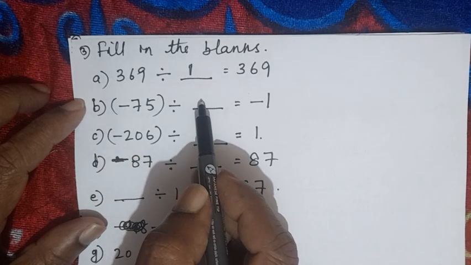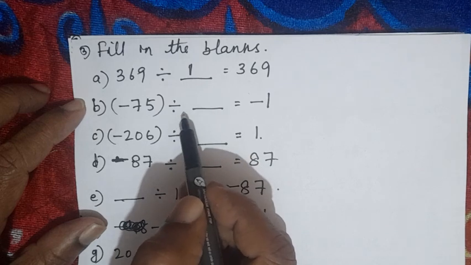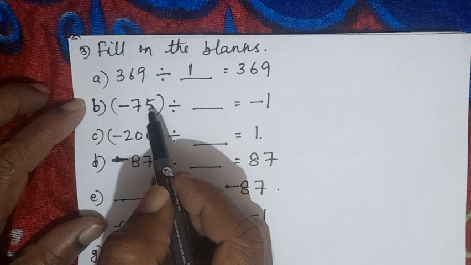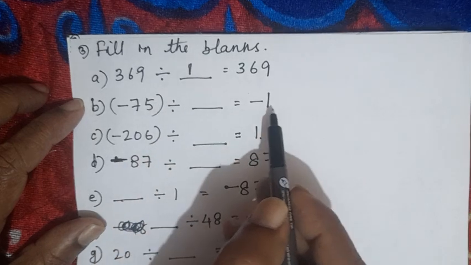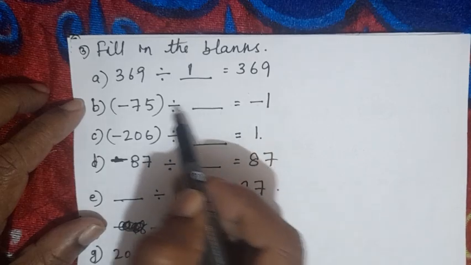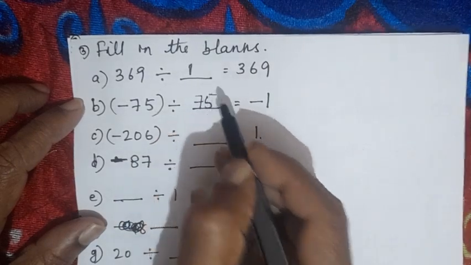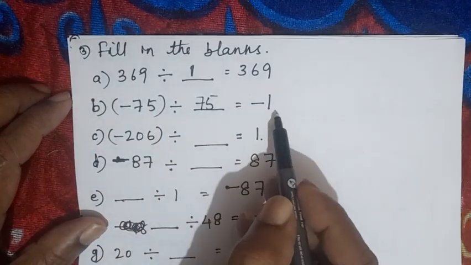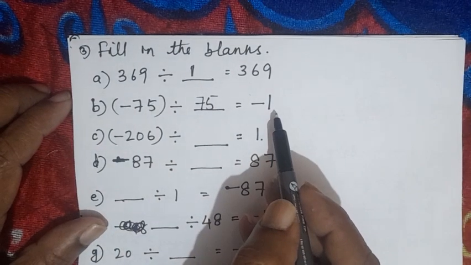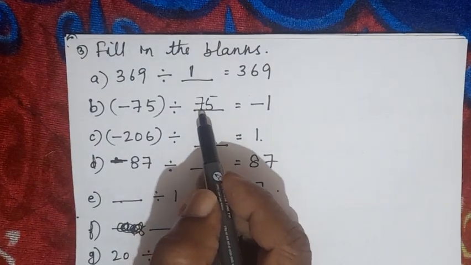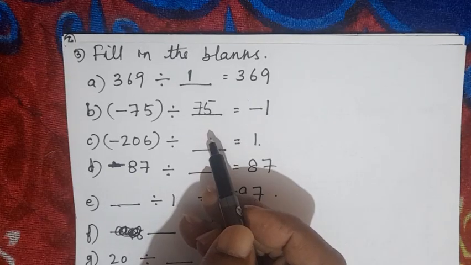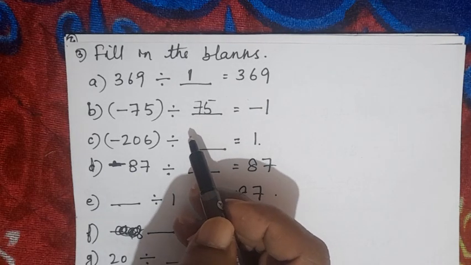You can write it as positive. So 75 divided by what number will you get 1? So 75 should be divided by 75 to get 1. Okay, this is the answer. It is plus 75.